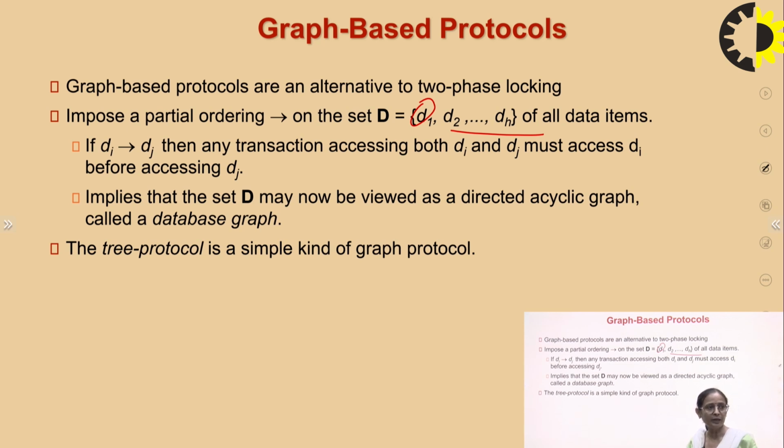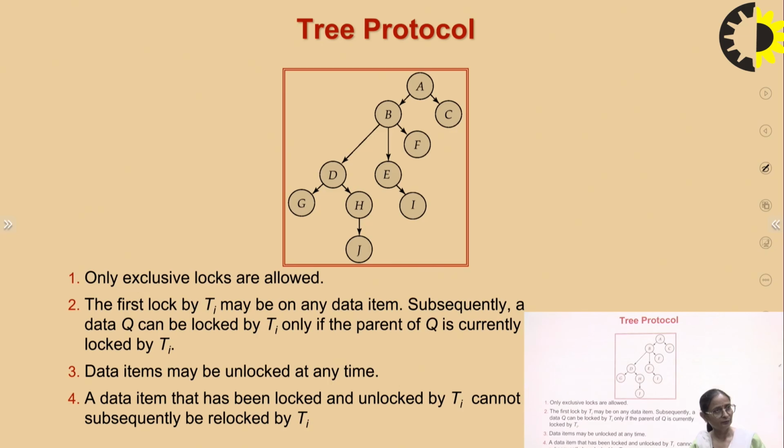So if we have an edge from Di to Dj, then any transaction accessing both Di and Dj must access Di before Dj. It implies that the set D may now be viewed as a directed acyclic graph, called a database graph. The tree protocol is a simple kind of graph protocol which you can use.